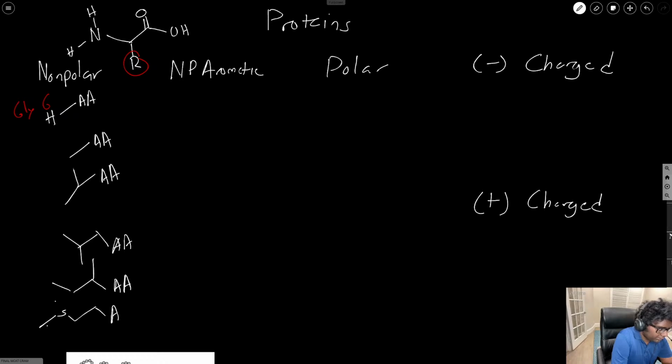Methionine. And I wish I had a little bit more space for proline. I'll try and squeeze it in here. Never mind, I don't have the space. We'll try and draw it somewhere here. I'll draw it like this.